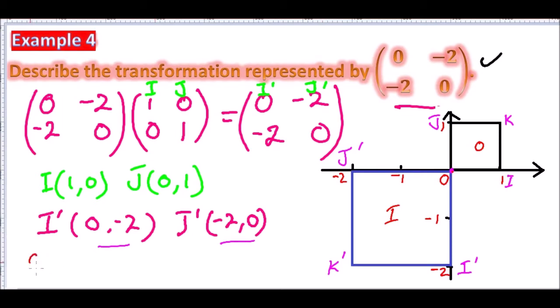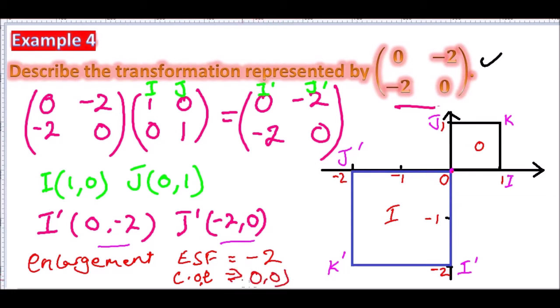So it is an enlargement. Enlargement scale factor is equal to minus 2 because it is on the opposite side of the center of enlargement. The center of enlargement is 0, 0, or we can refer to it as the origin.